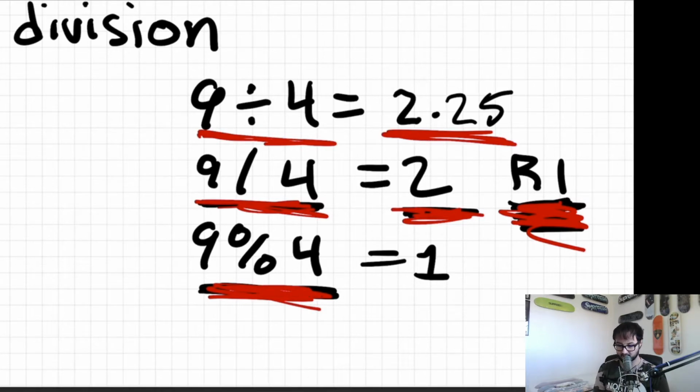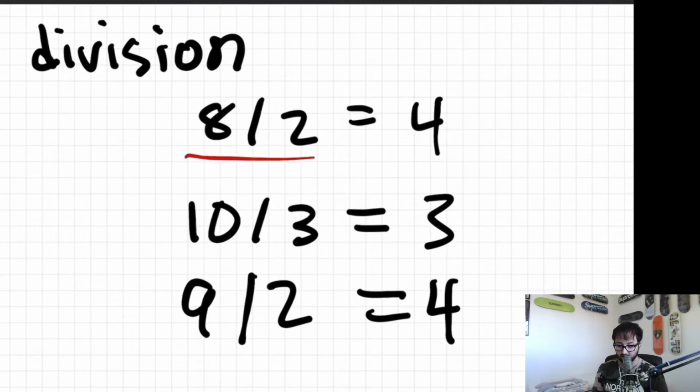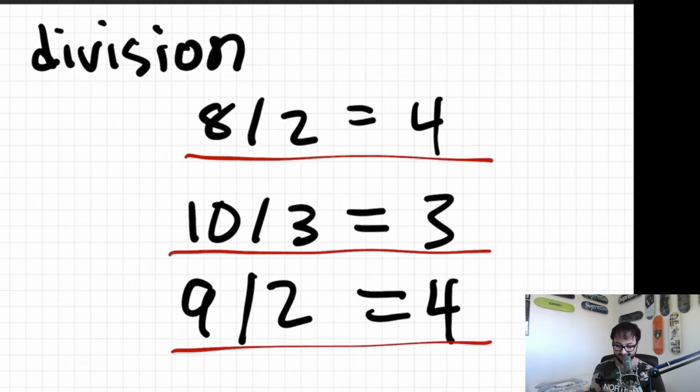So we get some examples of division, like 8 divided by 2 is going to be 4. 10 divided by 3 is 3. 9 divided by 2 is 4. And those are kind of weird because 3 times 3 is 9. Well, that's not so weird because that's going to be 8.